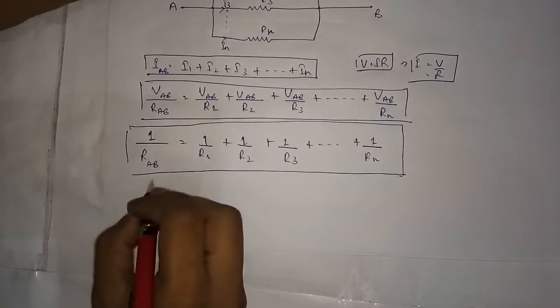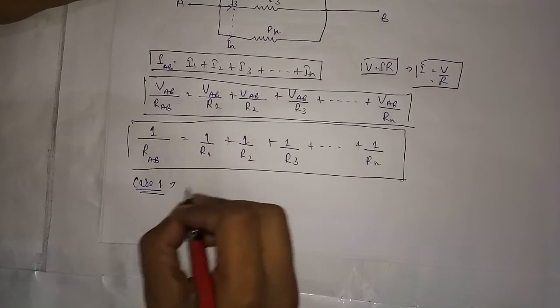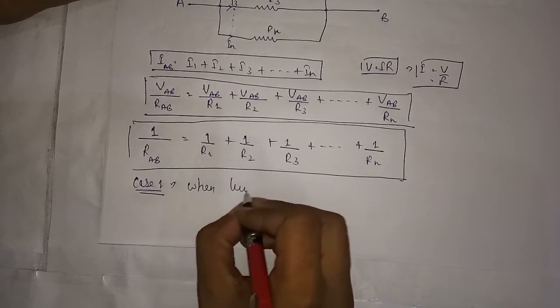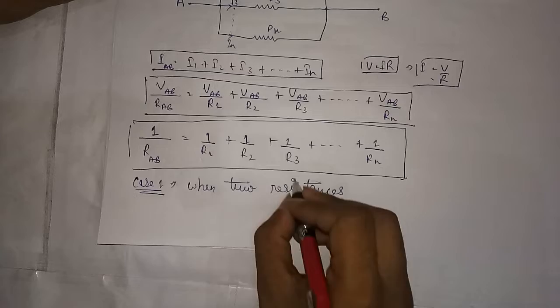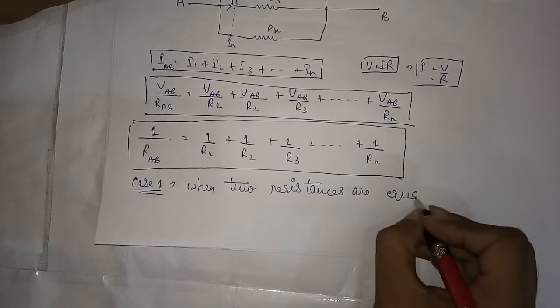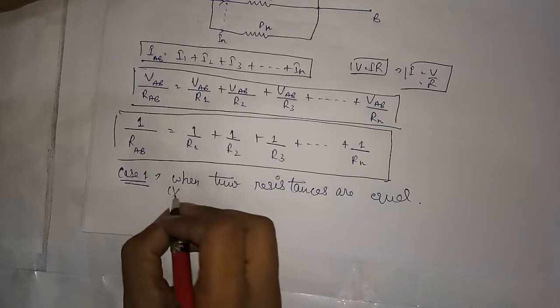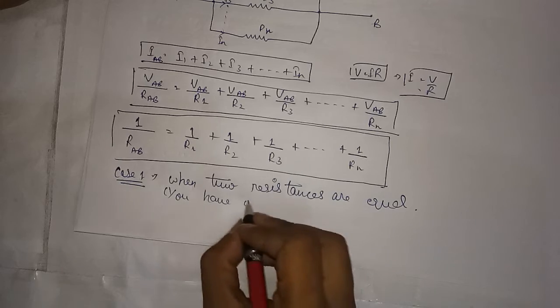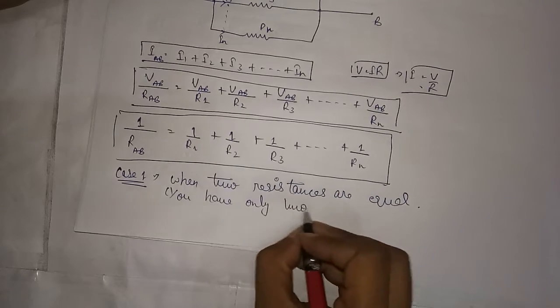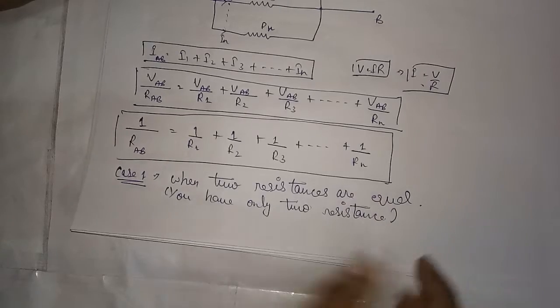the question. So case number 1, when two resistances are equal and you have only two resistances, and I will clear this point when we solve the question.